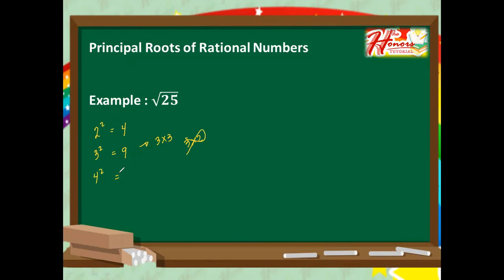It should be 3 times 3. And also for 4 raised to 2, it should be 4 times 4 because your exponent here is telling you how many times you are going to multiply the base to itself. So that is twice. So that is 4 times 4. So that's 16. Please do not use 4 times 2. That is incorrect.